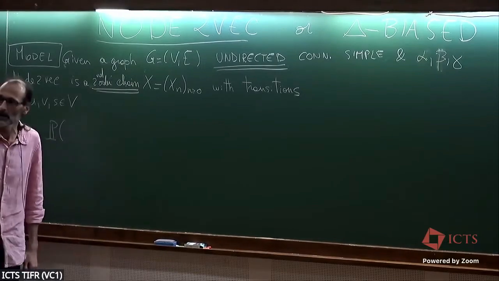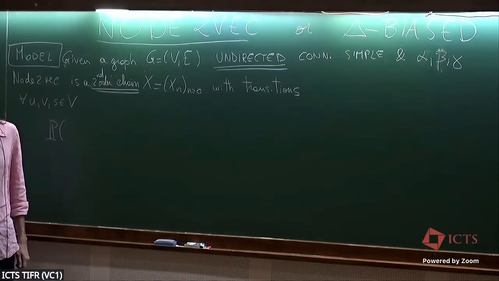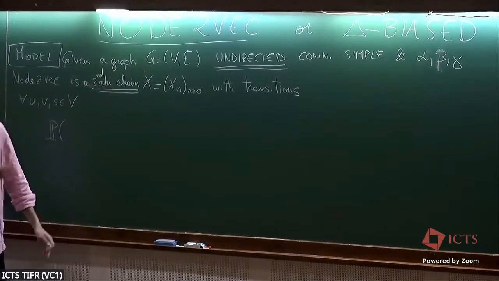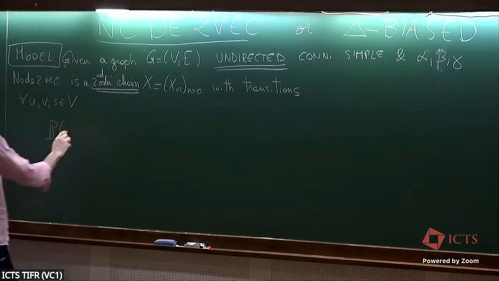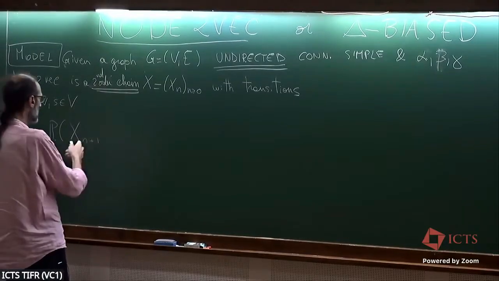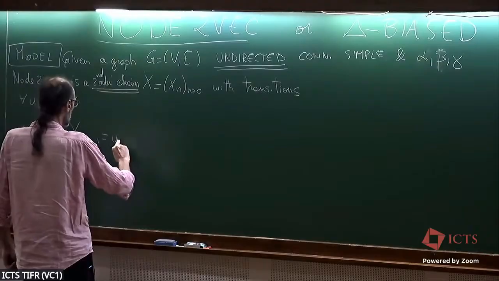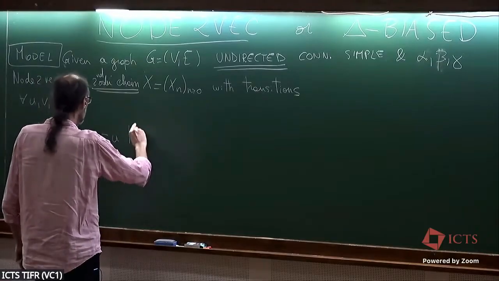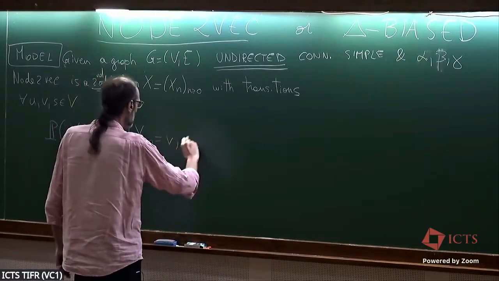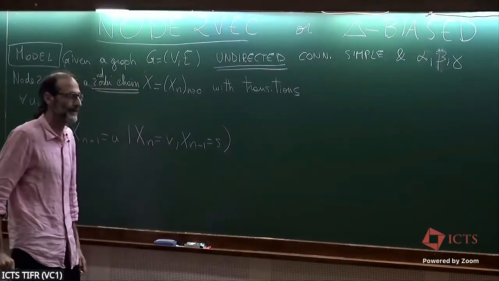Second order chain simply means this is not Markov, in the sense that the future is not conditionally independent of the past given only the present, but you need to prescribe the present and one step in the past. So if my present is time n, then X at time n plus 1 will be at the vertex u, given that you were at the present location v, and that one step in the past you were at the starting, if you like, vertex s.